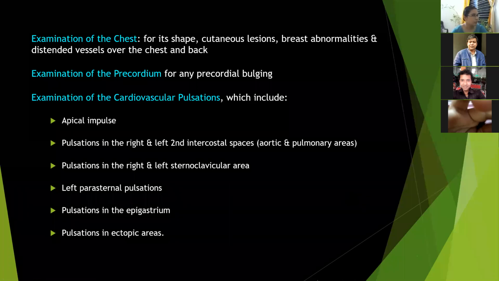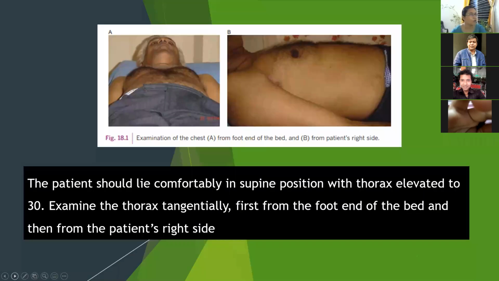This will include the apical impulse, the pulsations in the right and left second intercostal space. All of you know that the right second intercostal space is the aortic area and the left second intercostal space is the pulmonary area. And pulsations in the right and left sternoclavicular area, left parasternal pulsation, pulsation in the epigastrium, and pulsation in the ectopic area.